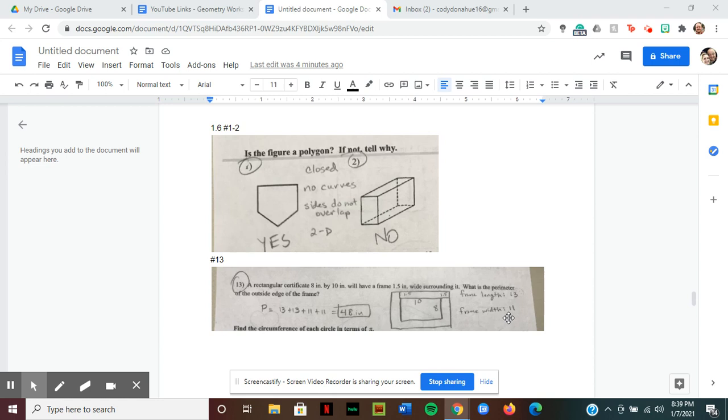So the width of the frame will be 11 inches. Now if I want to figure out what the perimeter is, you can either add up all the sides, which would be 13, 13, 11, and 11, and you get 48 inches. Or you could say 2 times 13 plus 2 times 11, and that would also give you 48 inches. So that's going to be the perimeter of this picture frame.